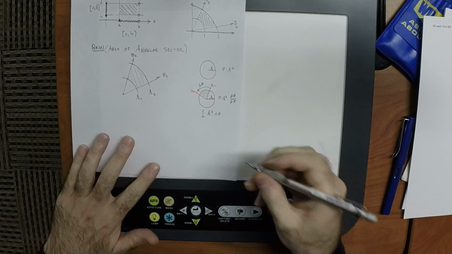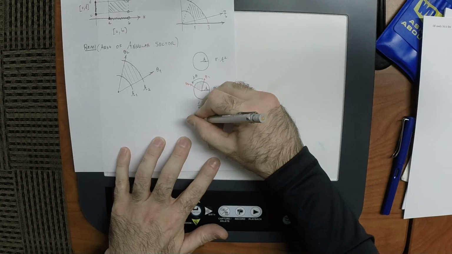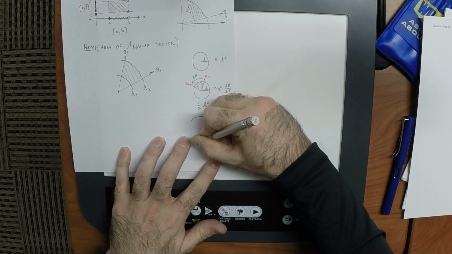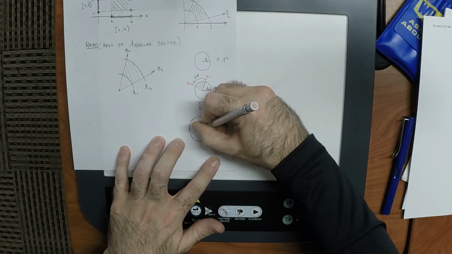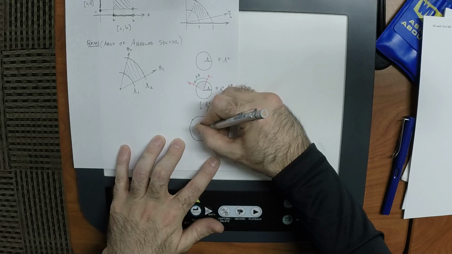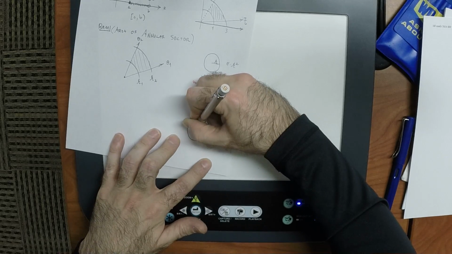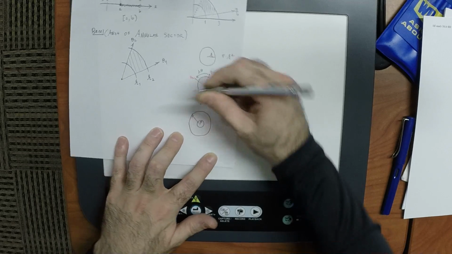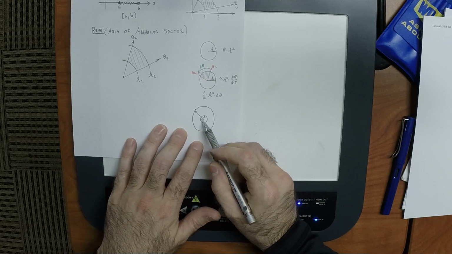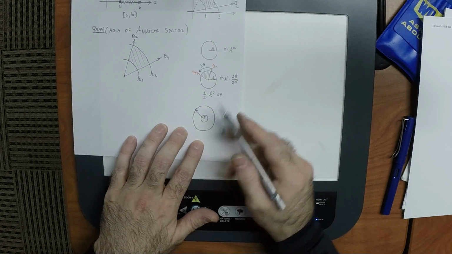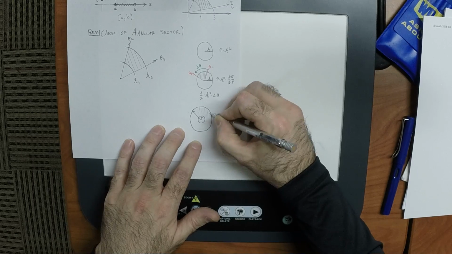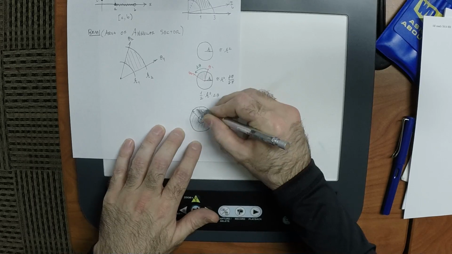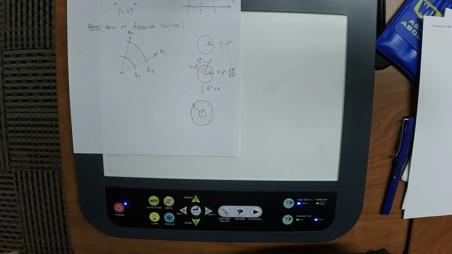And then what if we wanted to find the area of an annulus? If the small radius is r1 and the big radius is r2, just like in the picture, and we want the area of the annulus, then can you see that the formula for this is just the difference of the areas of the two circles?